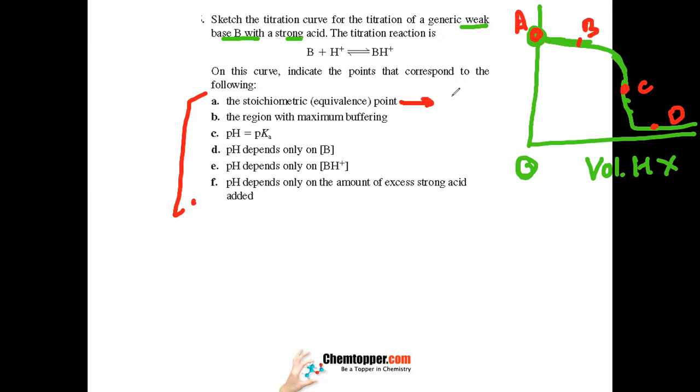Equivalence point, C. Very good. And maximum buffering. Maximum buffering. This is the equivalence point and this is the half equivalence point, this one. So B, best buffer.